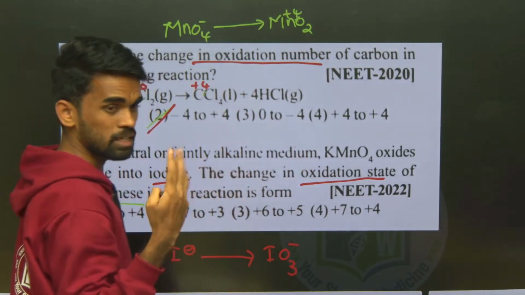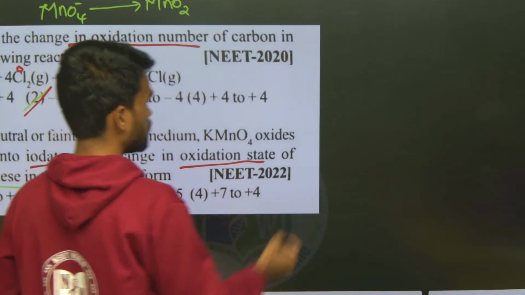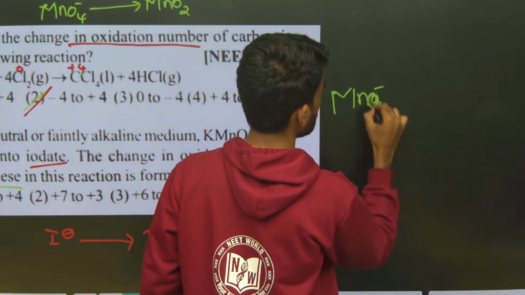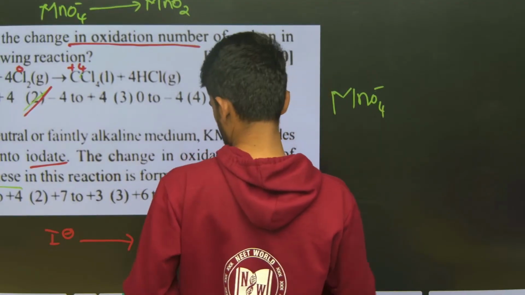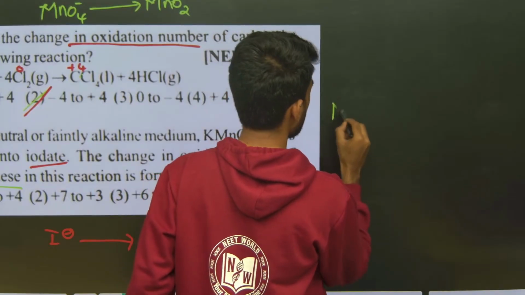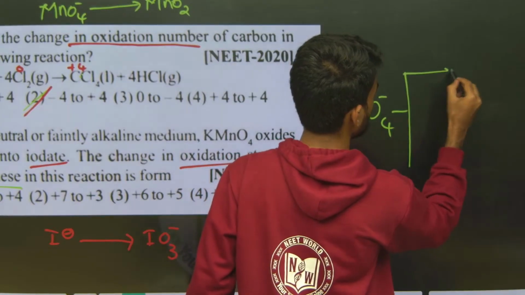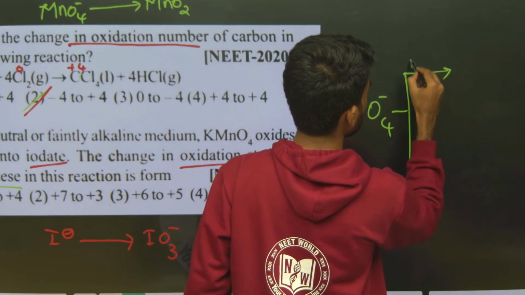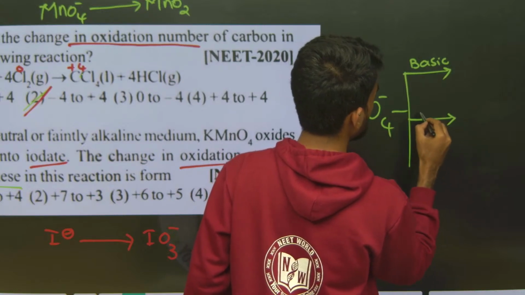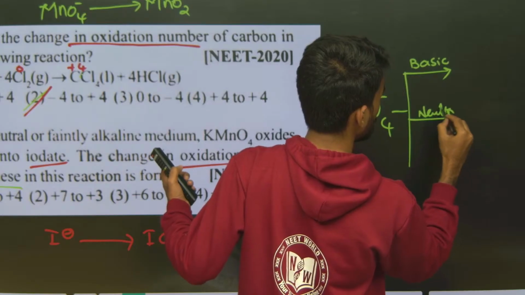See, I told you three things for the permanganate ion MnO4 minus. One is basic, strongly alkaline. Then slightly alkaline or neutral, this is what they are asking in the question.